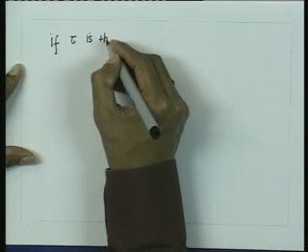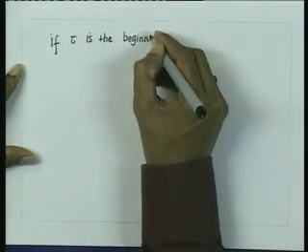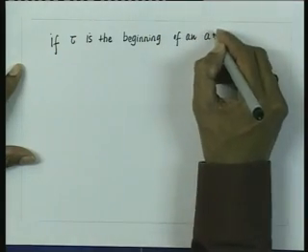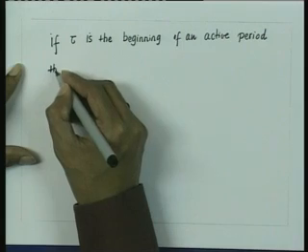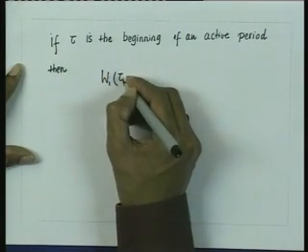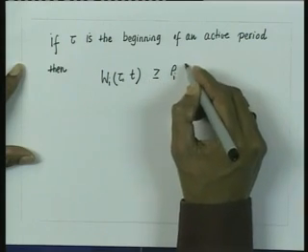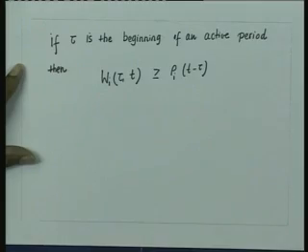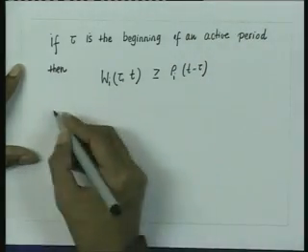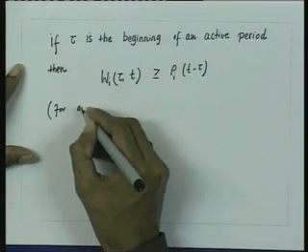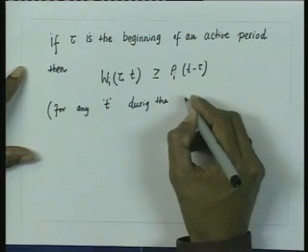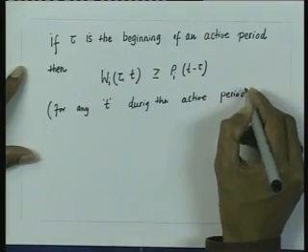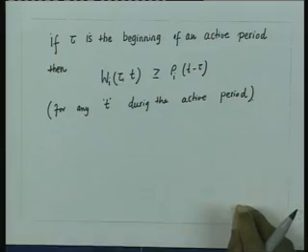So in RPS, if tau is the beginning of an active period, then this result will be guaranteed, for any t during this active period. Right, so this result needs to be proved.